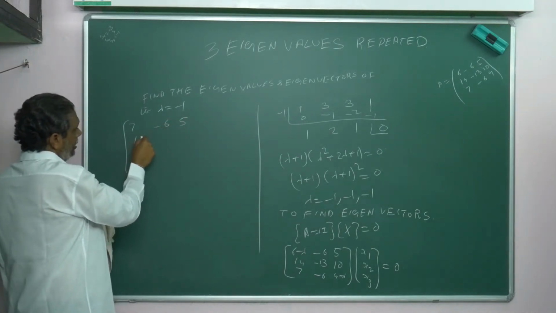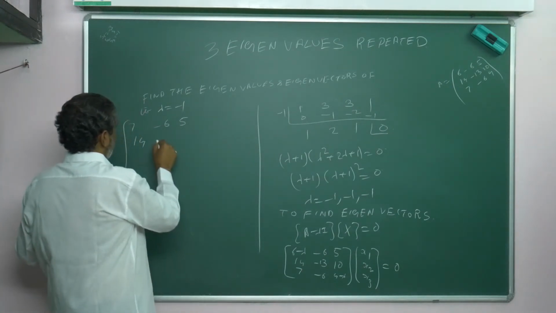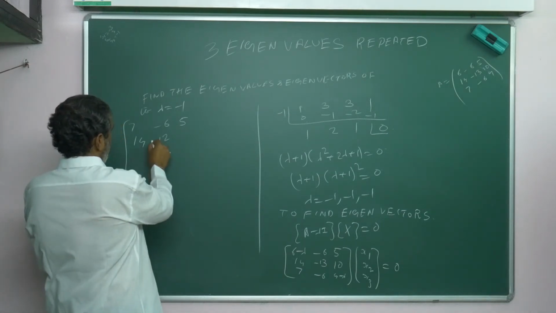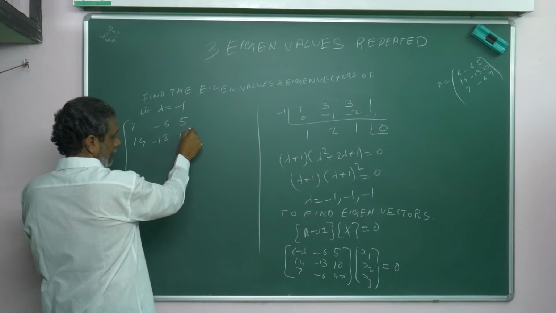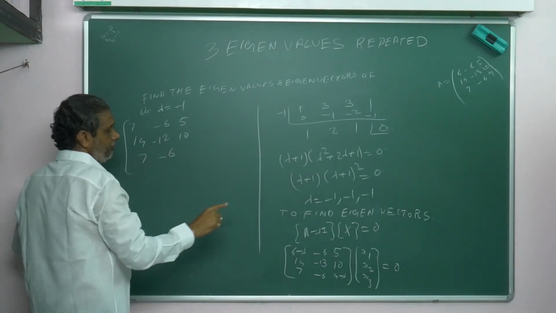Then 14; minus 13 plus 1, minus 12; 10. Then 7; minus 6; 4 plus 1, 5.